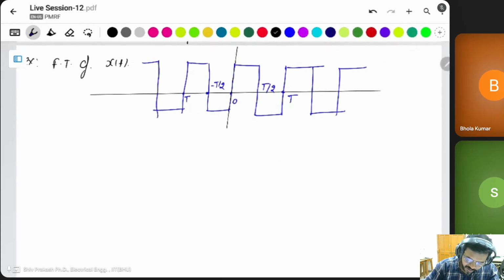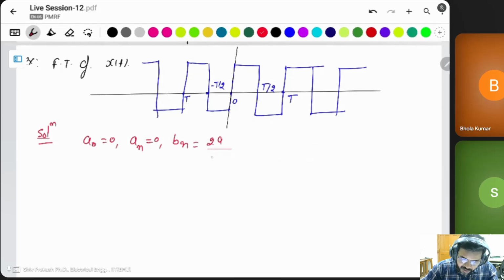You know about this type of signal. C naught is the same thing, 0. It has a naught equal to 0. This is the odd function, that's why a naught is equal to 0. b_n is equal to 2A by n pi, where n belongs to odd integers.